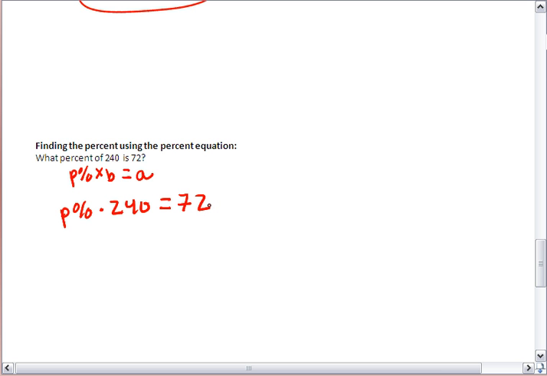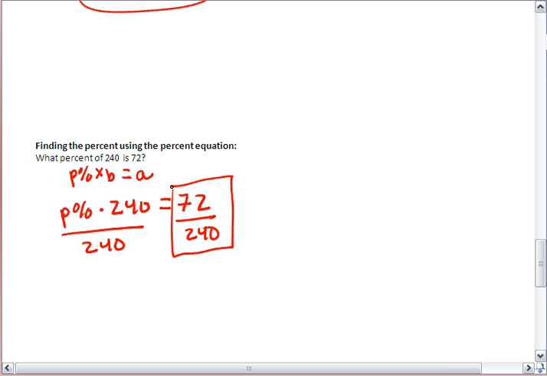Alright, well, I don't know what p percent is, and I've got it multiplied by 240. So the inverse, or the undo for multiplying by 240, is to divide by 240. So I'm going to divide both sides of this by 240. So I put my line in here. So now I have this fraction. Well, remember, fractions are division in disguise.